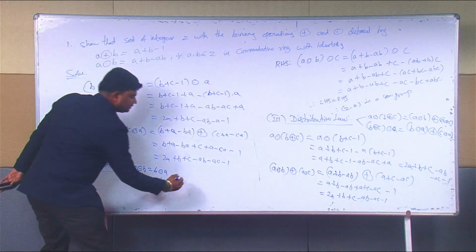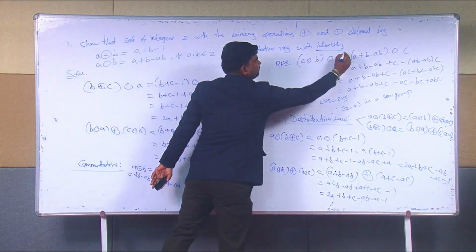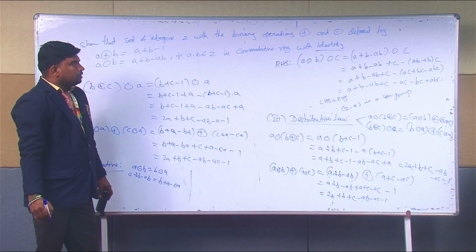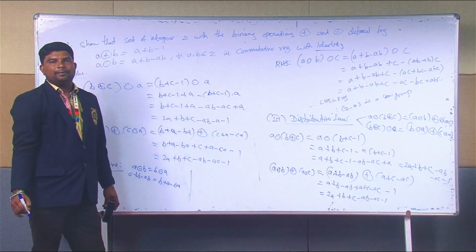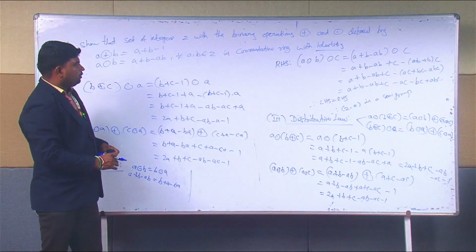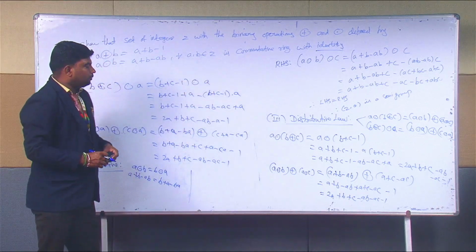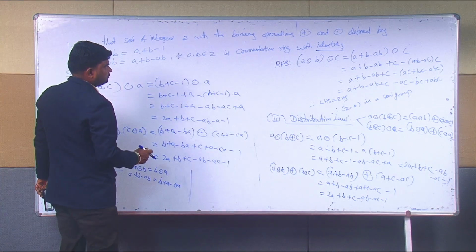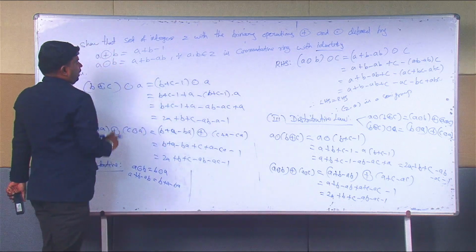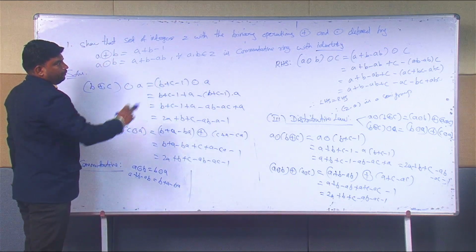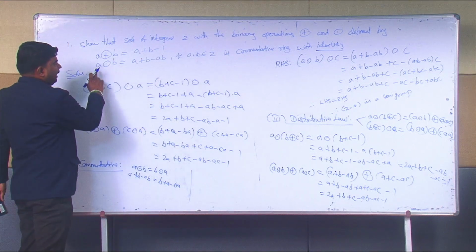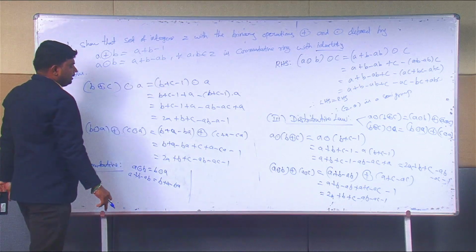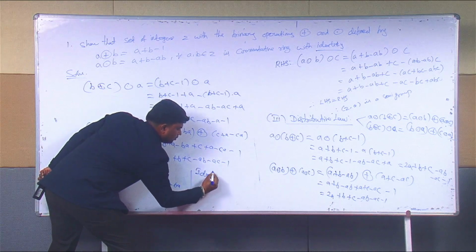Next I want to verify the identity under multiplication. We already found that under addition the identity element is E equal to 1. Now under multiplication modulo I want to find the identity element, where A multiplication modulo B equals A plus B minus AB. This axiom says the ring is a ring with identity.